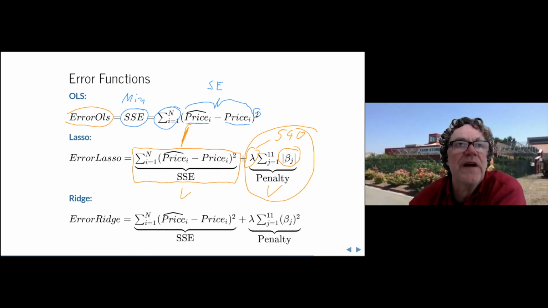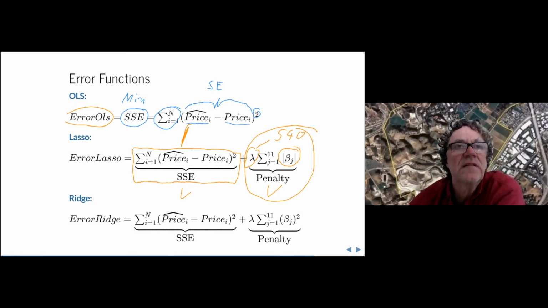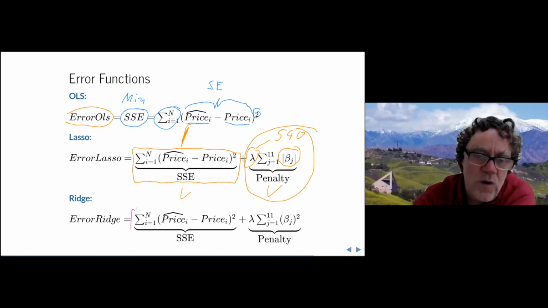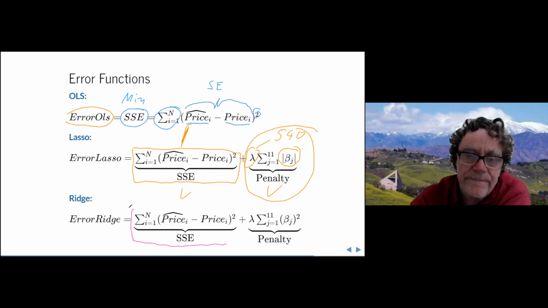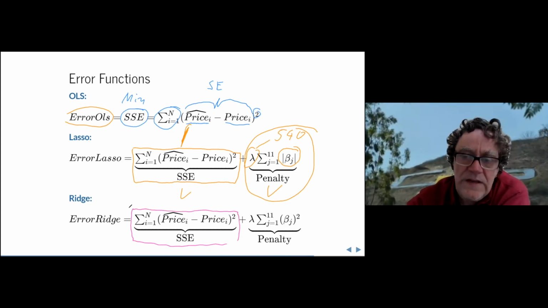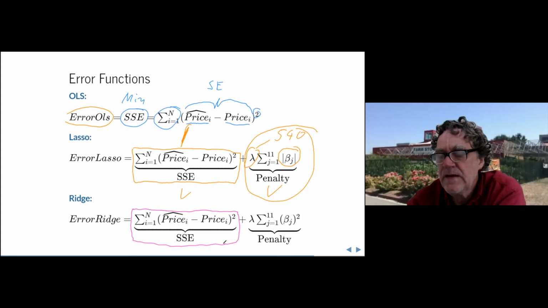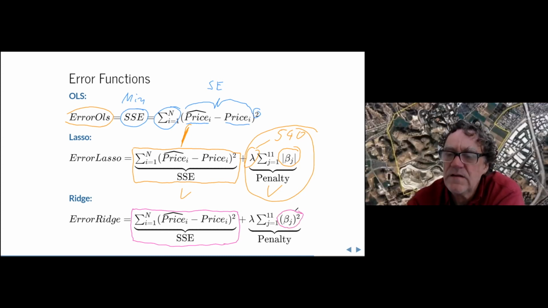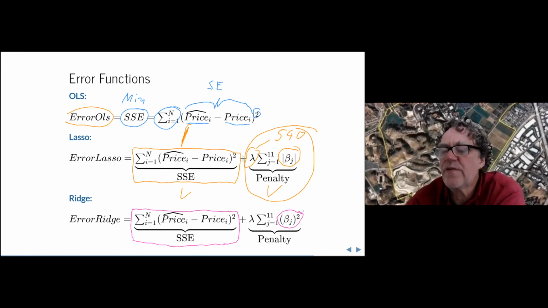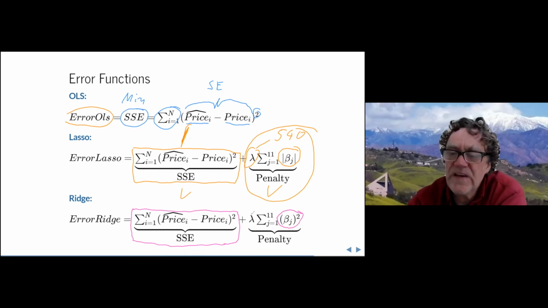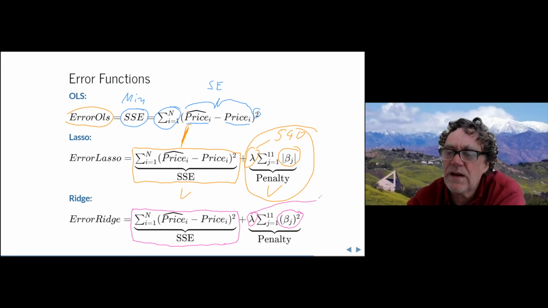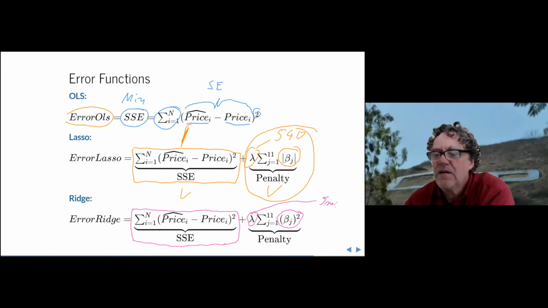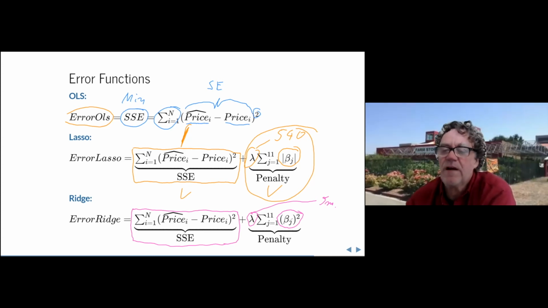And now the good message is, what is a ridge regression? Same thing, almost. The only difference is, instead of using the absolute value for the penalty, we use the squared value. And obviously we have to use a smaller lambda because these values become big very fast.